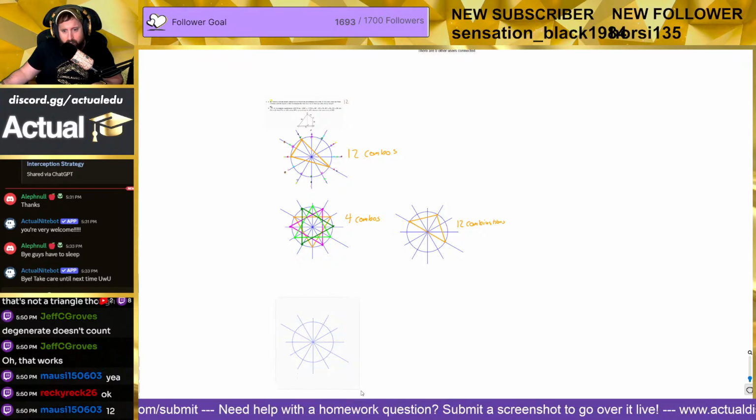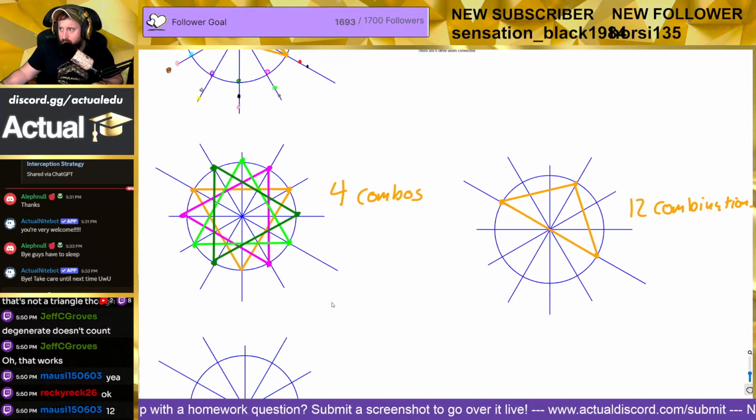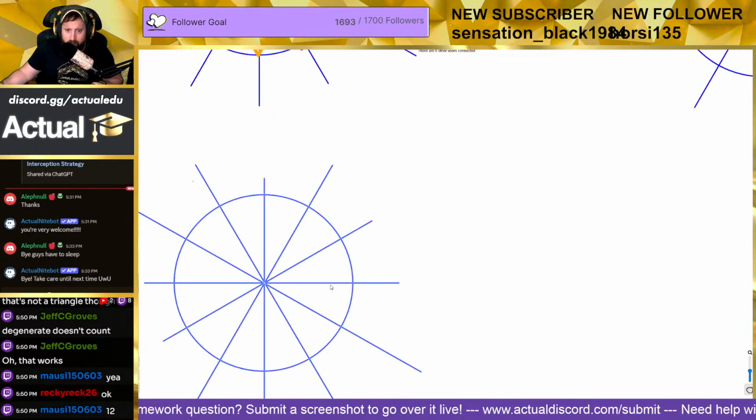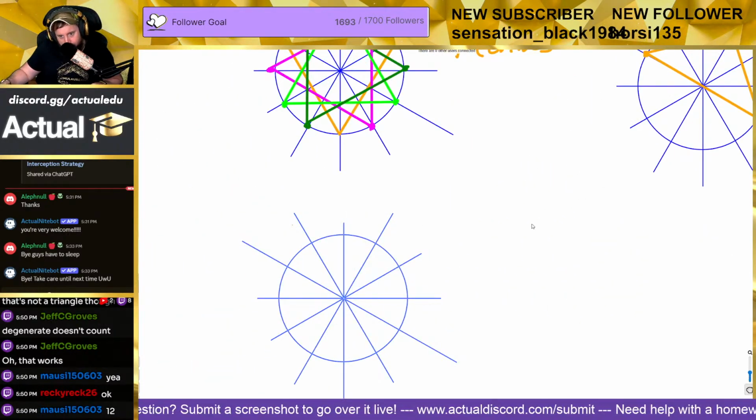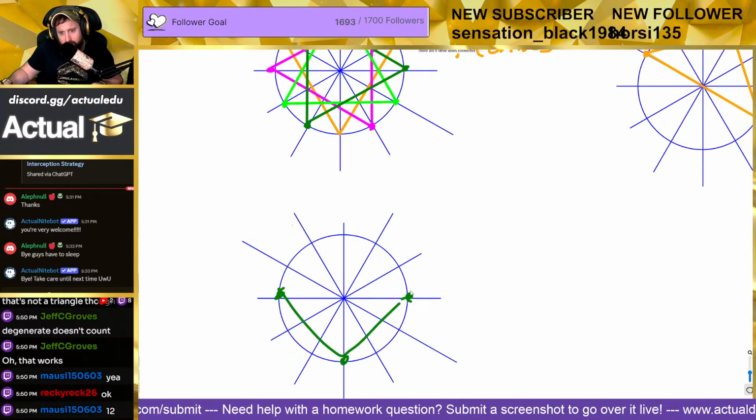Any other cool ways we can make some triangle-y circles? So we already did here to here, here to here with here. Can we make them even wider? No, I think this is the widest, right? Yeah, we've already done that.